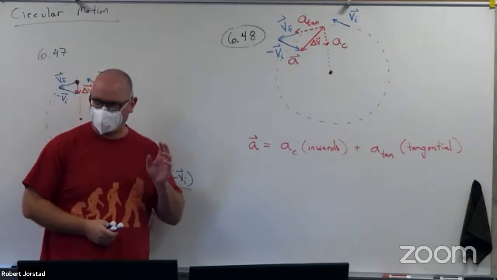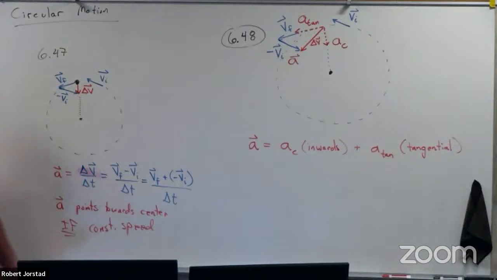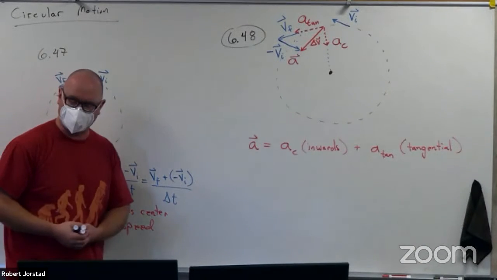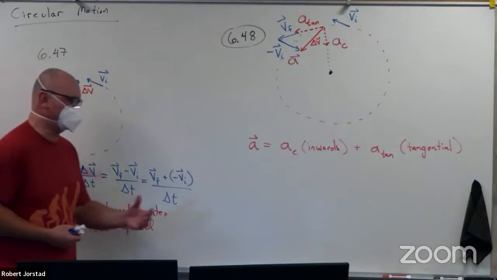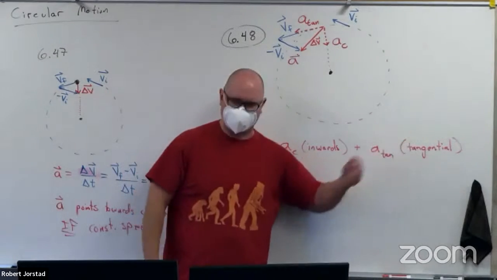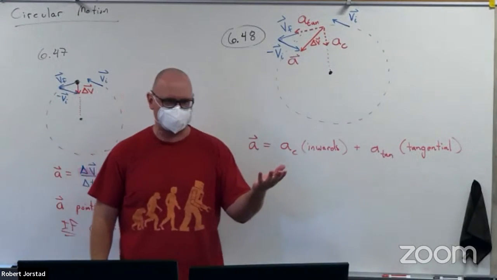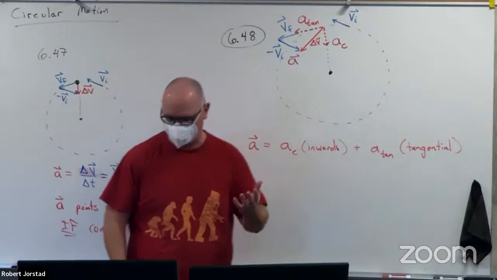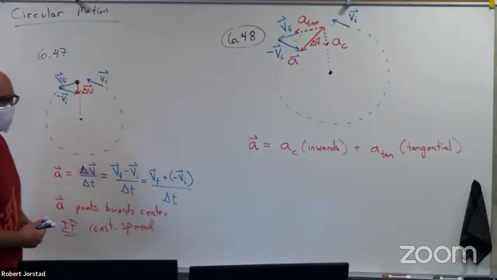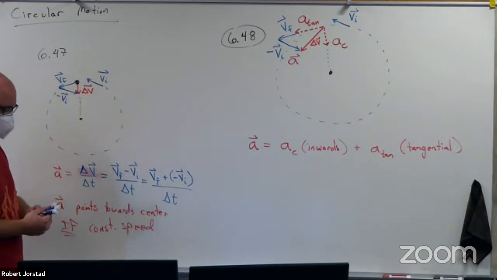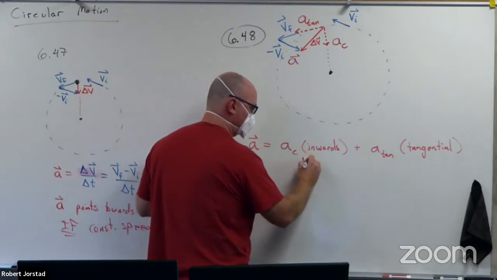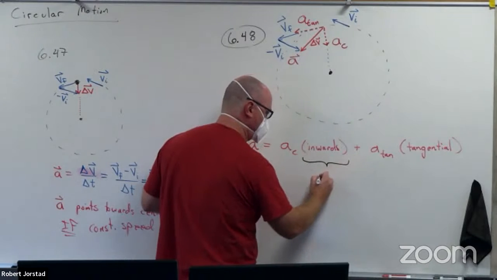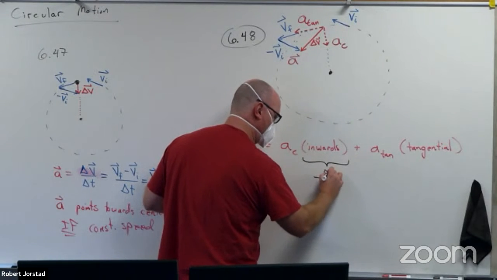And here's where different textbooks are very finicky about what they use. It would be cool if we could just use these words, inwards and tangential, all the time, but that's going to be a slow process to have to write that all the time. So now we're going to introduce new types of coordinates. I'm going to discuss this at length, but for right now, inwards is going to be minus r hat.